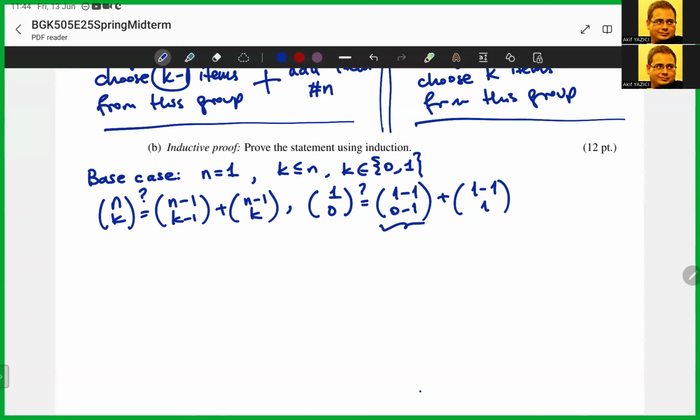I will disregard this. Instead, I'm going to take k equals 1. So I'm just going to erase this, put a 1 here, and for k, I'm going to put another 1. So this is just 1, right? Okay. So the left-hand side is just 1.